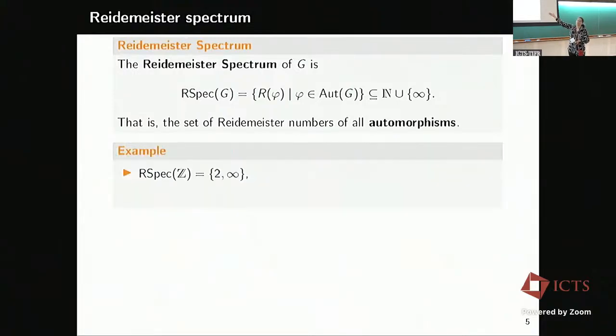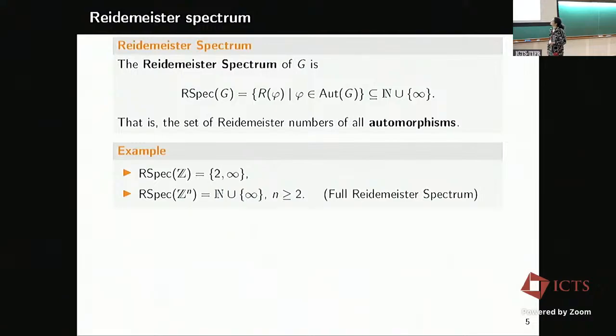For instance, in the previous example, we've seen that the Reidemeister spectrum of Z is {2, infinity}. If you take Z^n for some n greater than 1, then we actually get all possible numbers. It's not so hard to see. You get all positive integers and infinity, and that's what we call a full Reidemeister spectrum, meaning that all values are there.